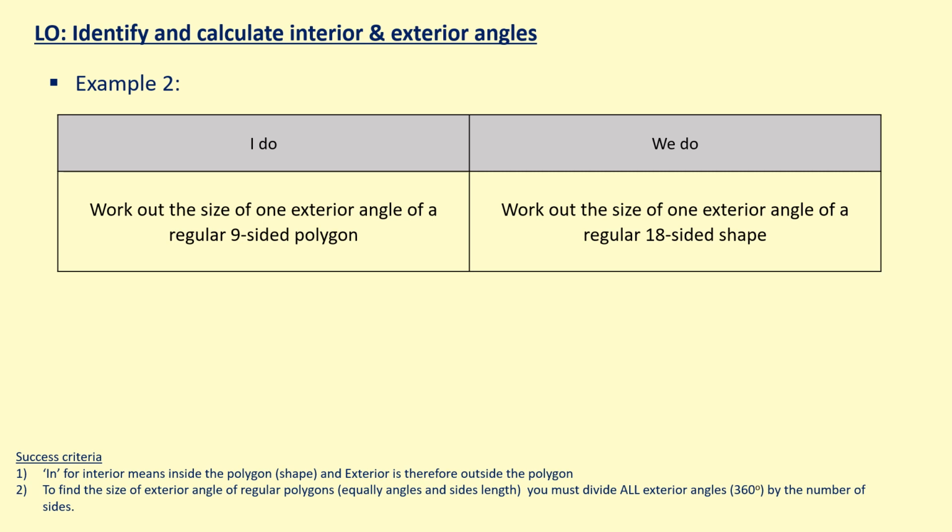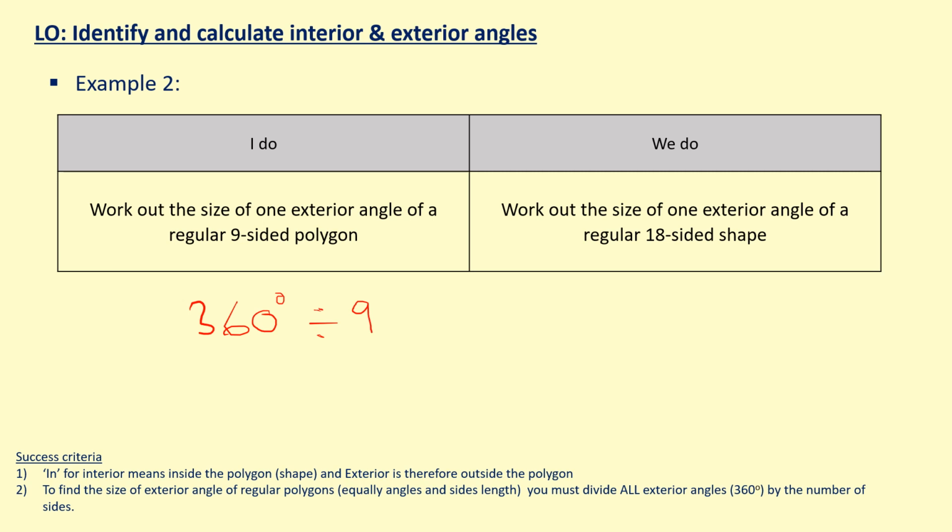Now, the I say: work out the size of one exterior angle of a regular 9-sided polygon. So if I had a 9-sided polygon, I'm not going to draw my shape this time. I know that I've got 360 degrees. Sorry, my pen's being slow. 360 degrees, divide that by 9.